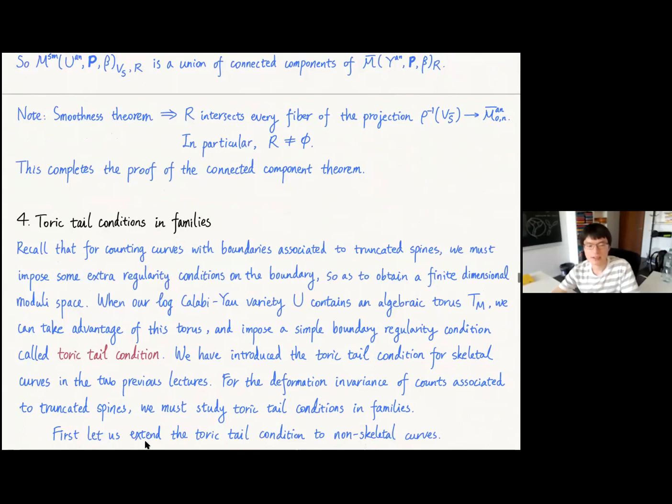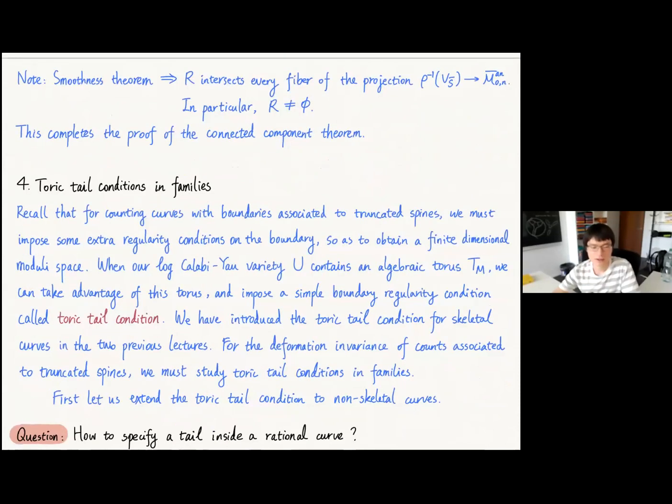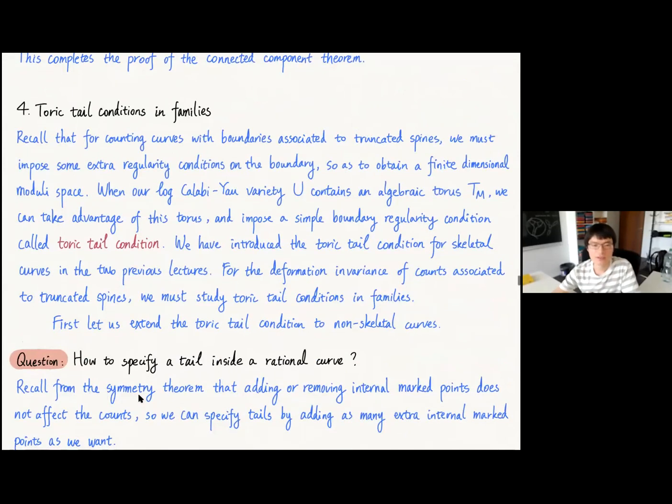So first, let us extend the toric tail condition to non-skeletal curves. Question: how to specify a tail inside a rational curve? Recall from the symmetry theorem that adding or removing internal marked points does not affect the counts.